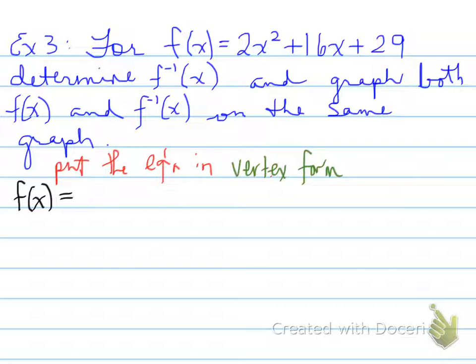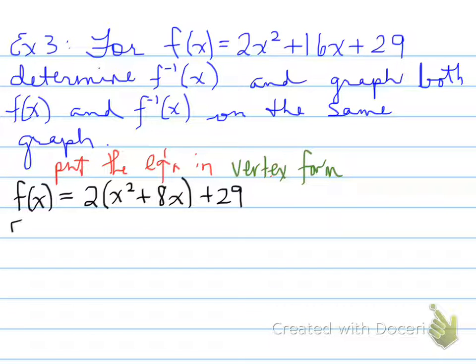So f at x equals 2 bracket x squared plus 8x plus 29. That is the first step because we want to make x squared have a coefficient of 1, and we remove that a value from anything that involves a variable. There it is.